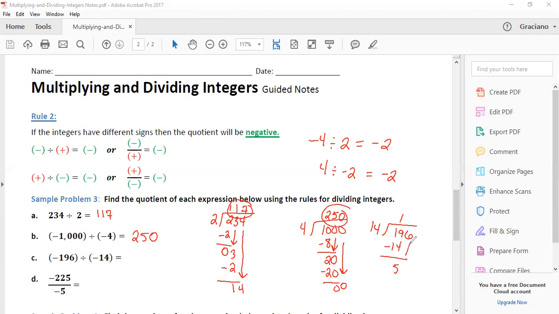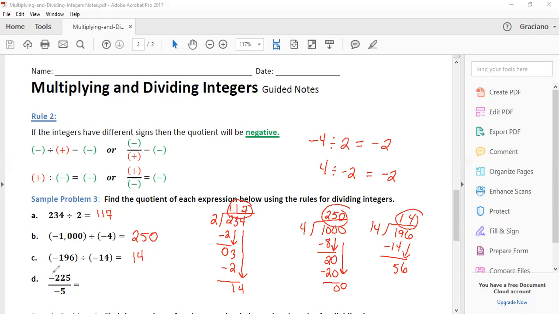I'm going to bring down my 6. And then 14 goes into 56 4 times. So my answer is 14. Notice here that I have not used any of the negatives to do either B or C. Why? Because since the numbers are both negatives and my answer is going to be positive anyway, I don't need to write them in.